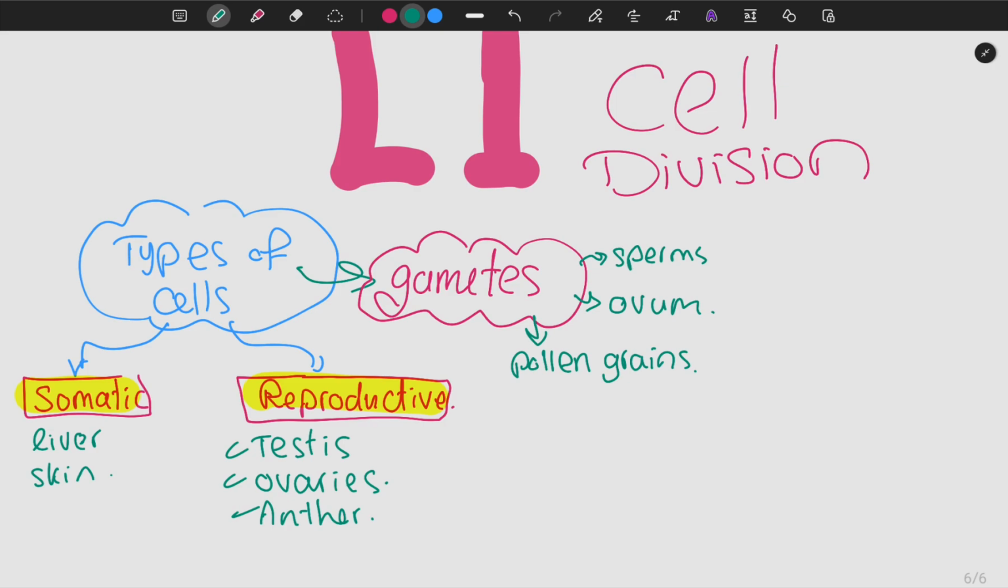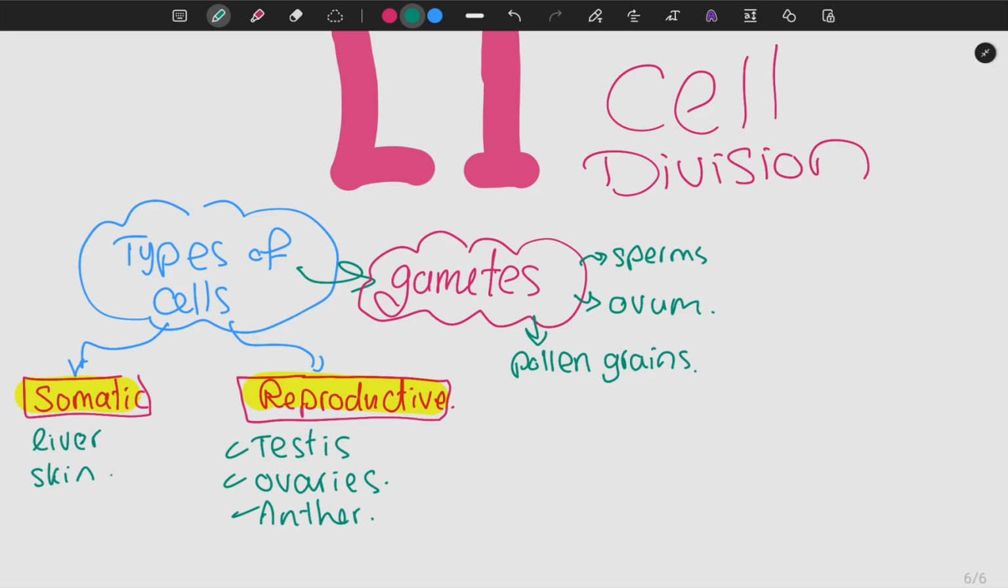So these are different types of gametes: sperms, ovum and pollen grains. Sperms and ovum are in animals, pollen grains in plants, and also ovum in plants. So ovum are in plants and animals, sperms only in animals, in the human, of course, one type of animal, and pollen grains in plants. That's great.